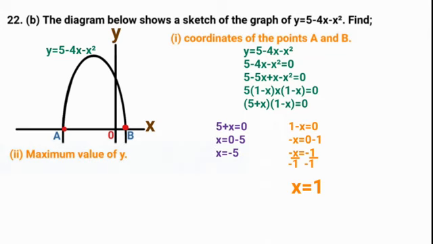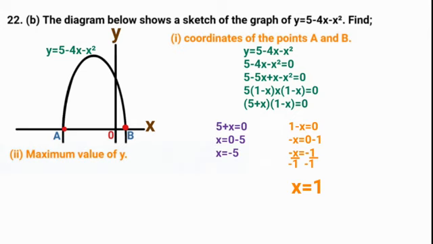So what you can do now here is, since we have come up with these coordinates, now we have got negative 5 and 1. So which one is going to be negative 5 and which one is going to be positive 1? As you can see, A is on the negative side, right? And it's a bit farther away from the y-axis than B. And B is on the positive side.